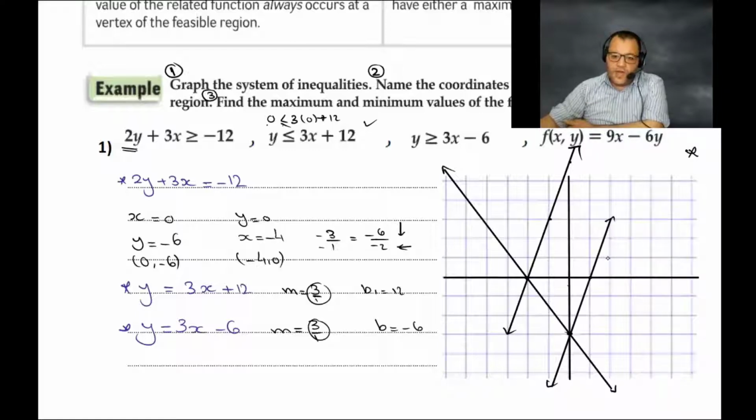Left, above the line. 0 is greater than or equal to 0 minus 6. Is that right? Yes. So we shade the part which contains the point (0, 0). That would be the shaded part.